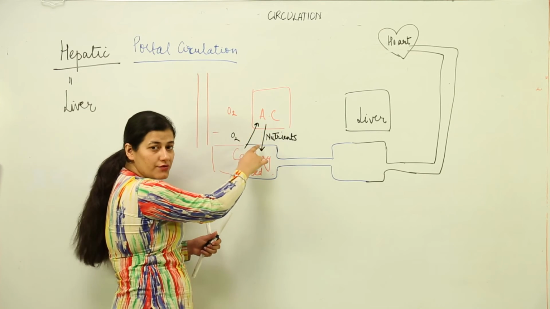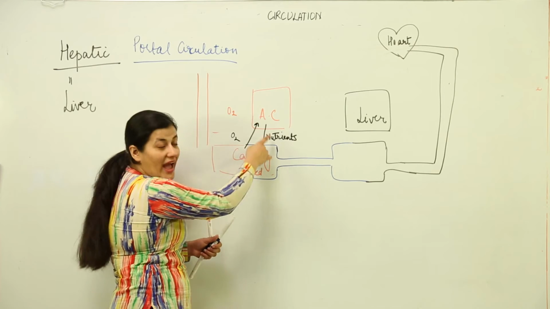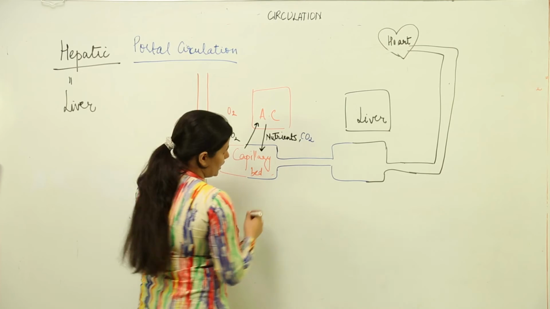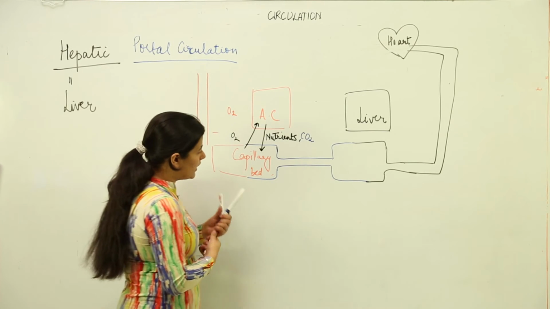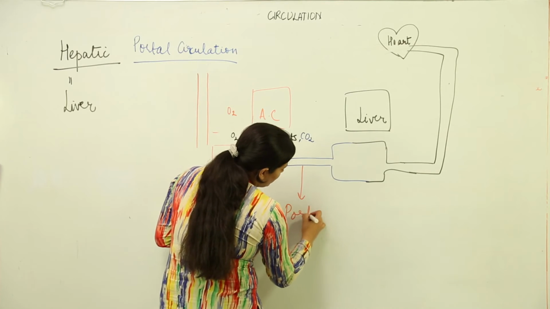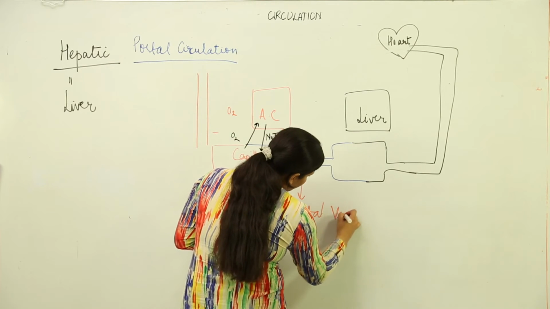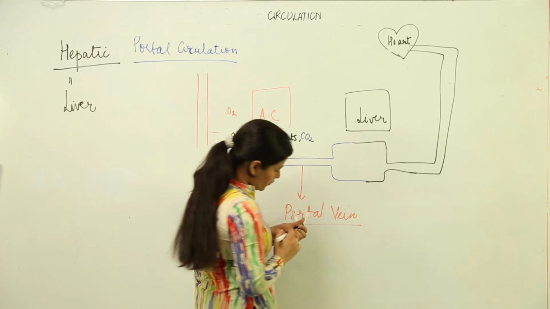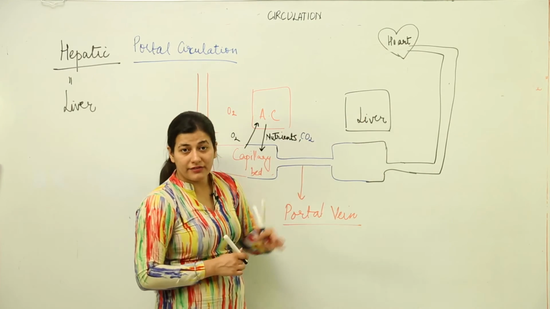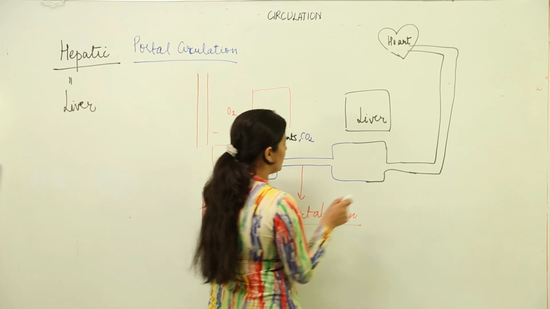Those tissues in return put in their nutrients and of course carbon dioxide, due to which the blood becomes deoxygenated. Now this deoxygenated blood is carried to the liver by the portal vein, so that the nutrients in the portal vein are taken up by liver cells.